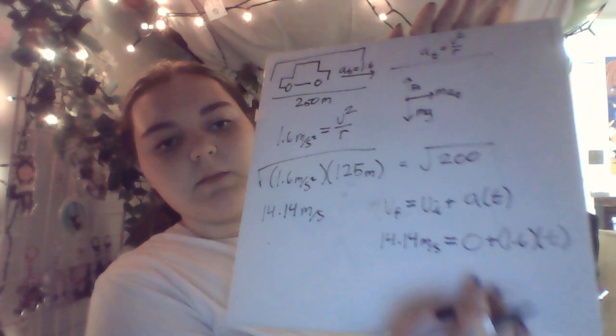Our velocity final is going to be 14.14 meters per second, set equal to 0, since we started at a velocity of 0, plus 1.6 times our time. Then, to solve for time, we're just going to divide 14.14 by 1.6.